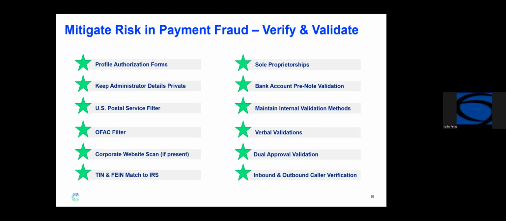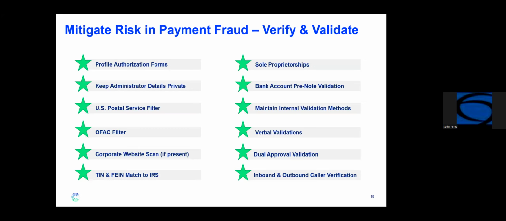You want to keep administrator details private. So when you determine who is the system administrator for the supplier, you don't want to share that externally with anybody else. There's lots of things that fraudsters can do with that information to do payment fraud.